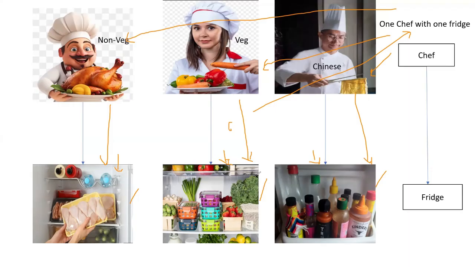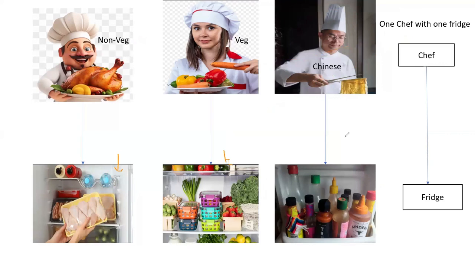There is no sharing between them. Previously, with shared disk, all three stored in one fridge, so there was some delay in the output. Now there is no delay, and they can serve the customer fast. This is called the shared nothing architecture. Hope you understood. Thank you.